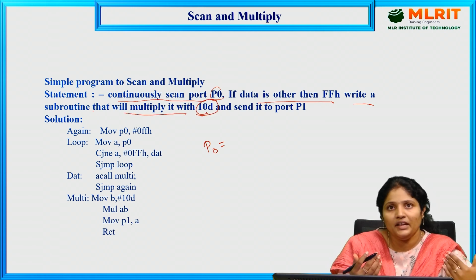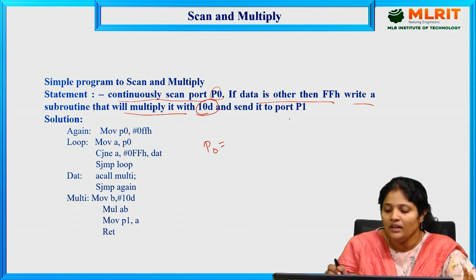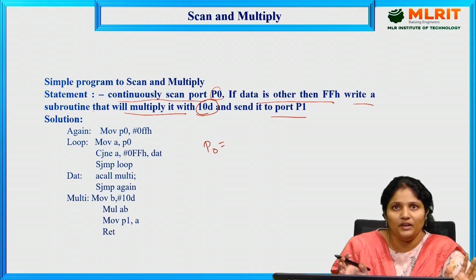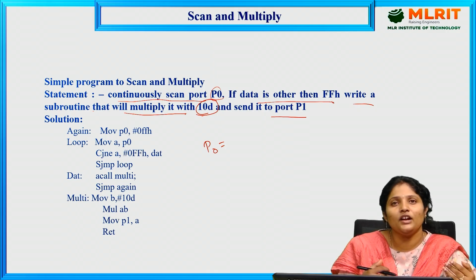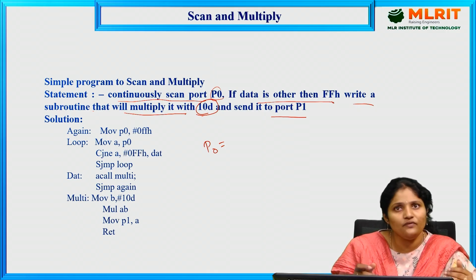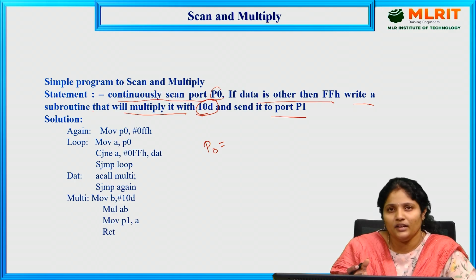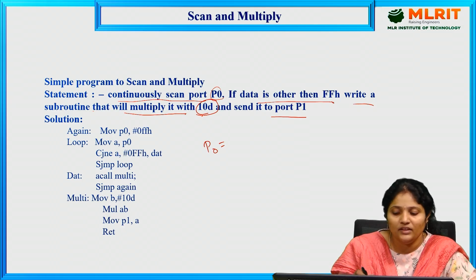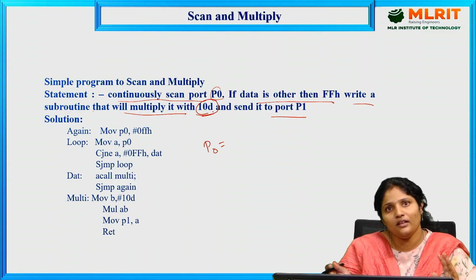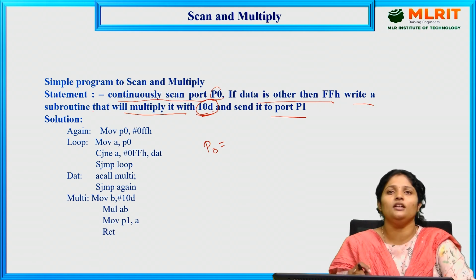So whatever data is present in P0 will be multiplied with the 10H decimal value, and I need to send that output to port P1. So I need to continuously monitor P0. If the data present in P0 is FF, then monitoring will continue until it finds other data. If any data other than FF is there, that data needs to be multiplied with the 10 decimal value, and the output will be loaded into port P1.